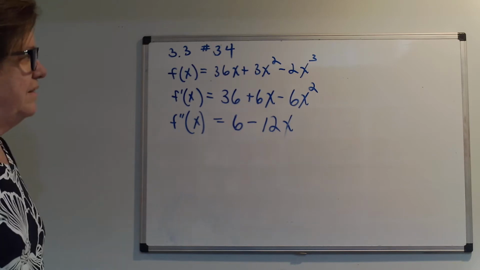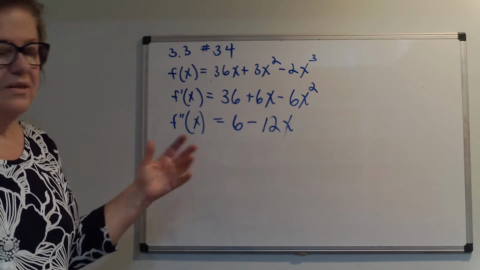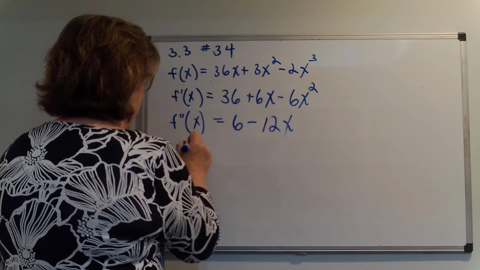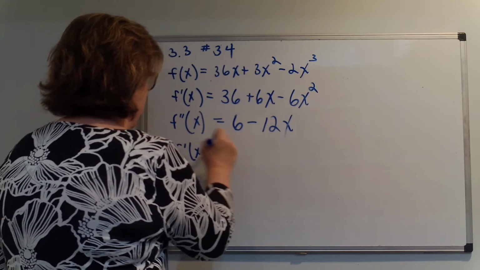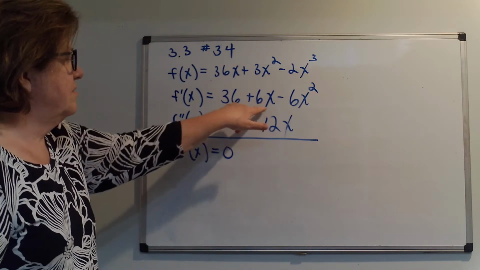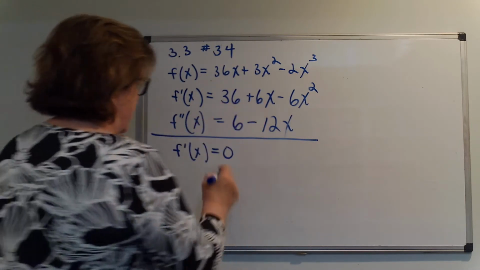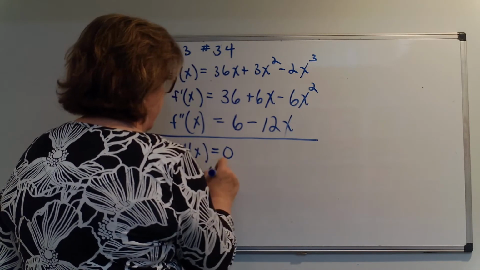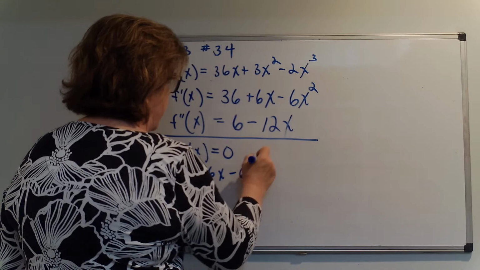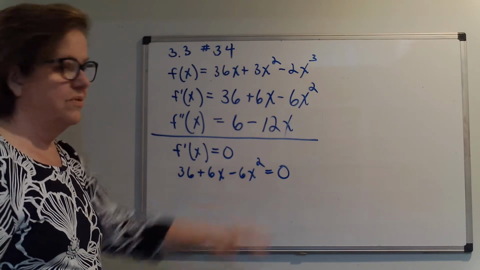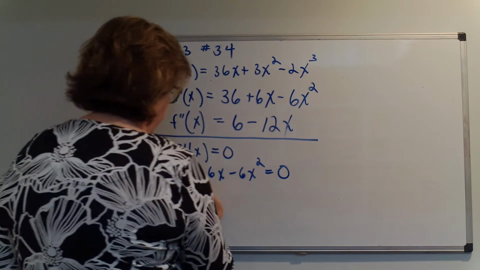Okay, so to find the intervals on which the function is increasing or decreasing, you find out where f prime of x is equal to 0. So you set this to 0 and solve for x. So we've got 36 plus 6x minus 6x squared equals 0. We can divide both sides by 6 and simplify things a little bit.